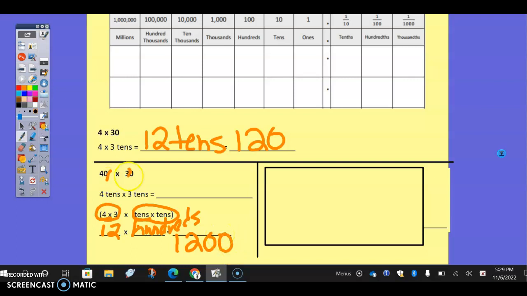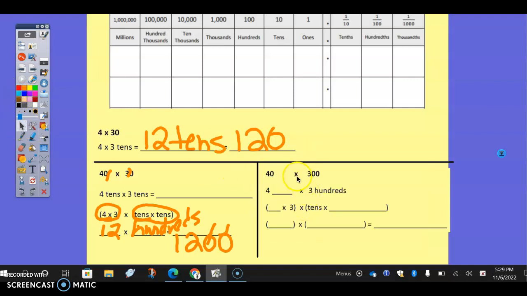Again, if we just take the zeros off and then put the zeros back on and use our known facts, it's the same concept. We're just placing unit names in front of, instead of our zeros. So if we look at this one, 40 times 300.